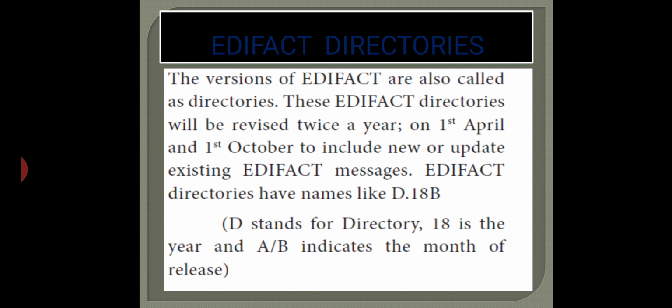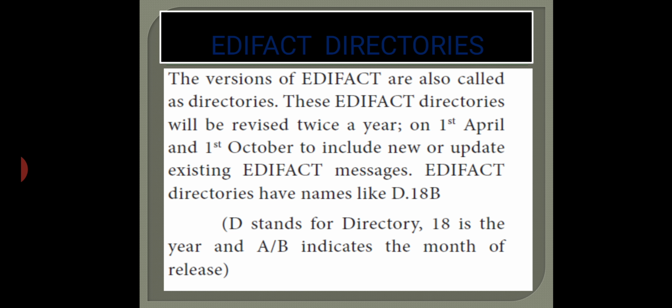The versions of EDIFACT are also called directories. These EDIFACT directories are revised twice a year, on 1st April and 1st October, to include new or updated existing EDIFACT messages. EDIFACT directories have names like D.18B.